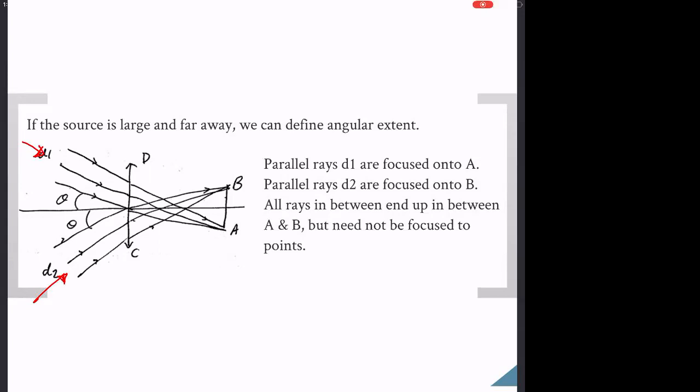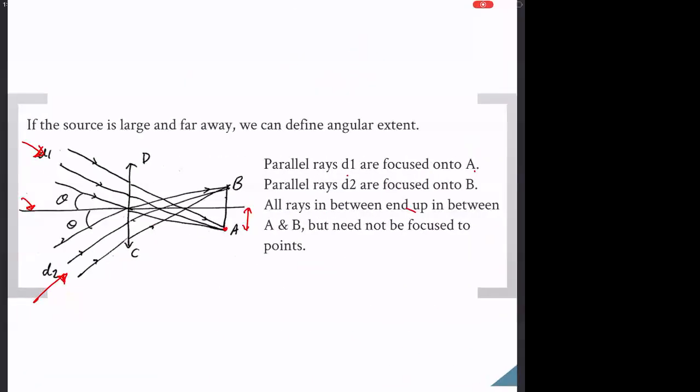Because these are parallel, as they pass through the lens, they get focused to a point at some distance defined by the focal length. And the same thing happens on the other side. This is completely symmetric with respect to the optical axis, which is this. Parallel rays D1 are focused onto A, parallel rays D2 are focused onto B. And all rays in between, as we just said, will end up between A and B, but they need not be focused to single unique points. Okay.